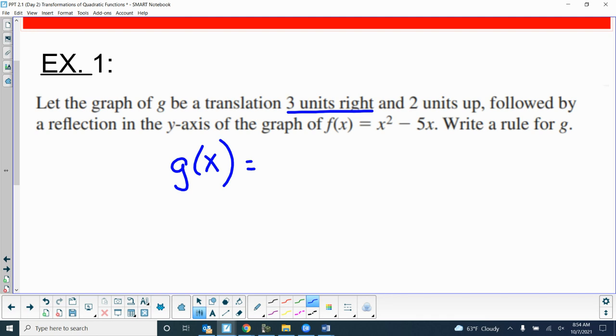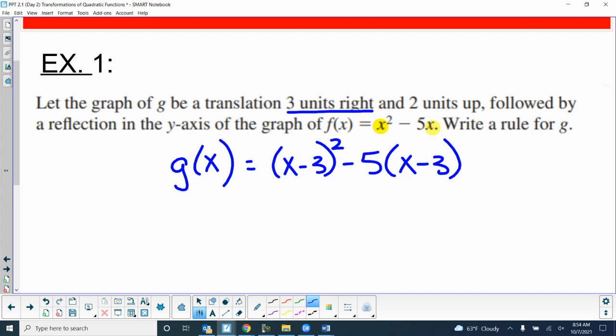So wherever we see an x, we have to put x minus 3. Okay? So we see an extra x from what we're used to. Right? So it looks like this. All right, just do one at a time.